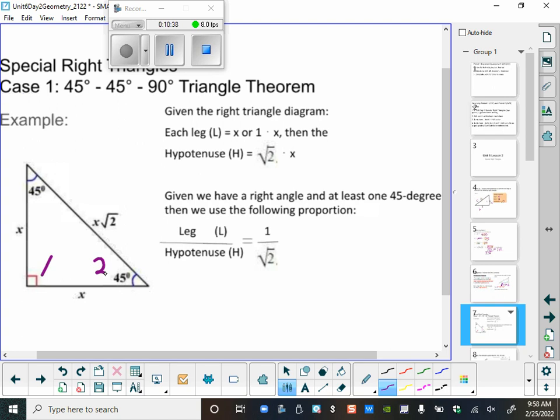What do we know about the sum of the three angles in a triangle? They have to add to 180. So if you have a 90 plus 45 plus blank equal to 180, that blank is 45. It can't be any other number.